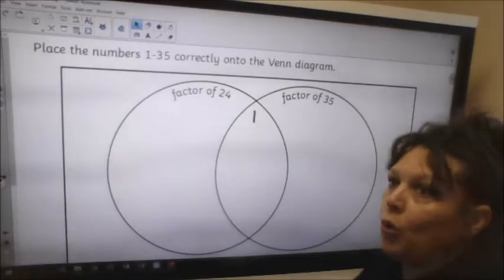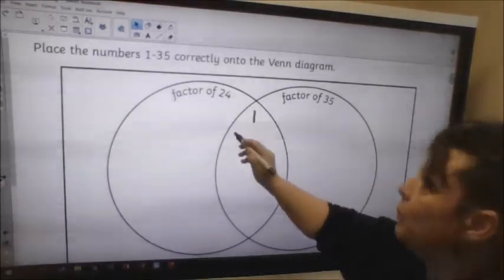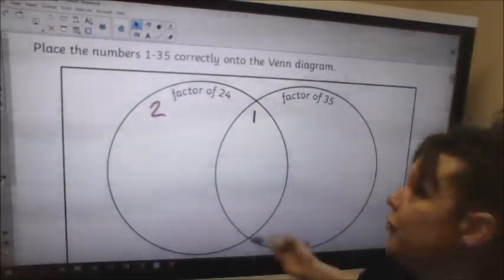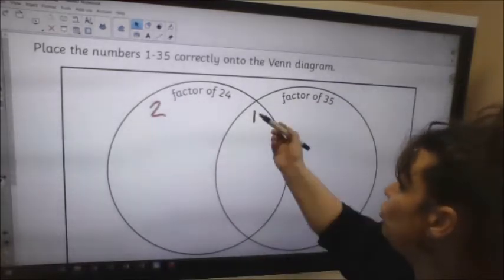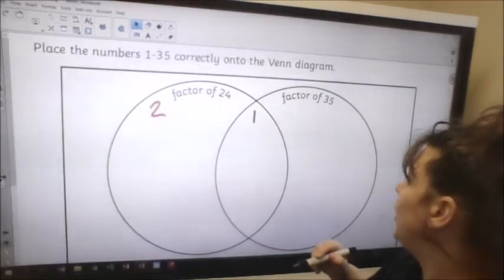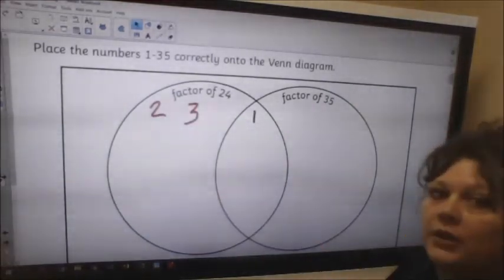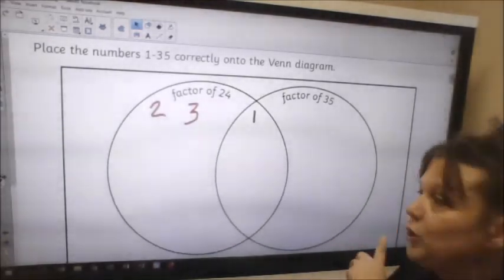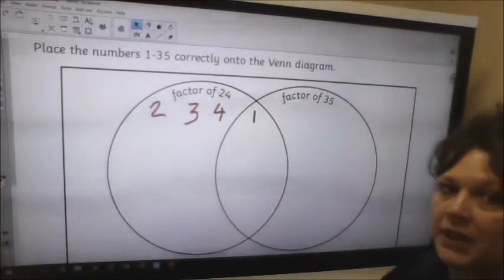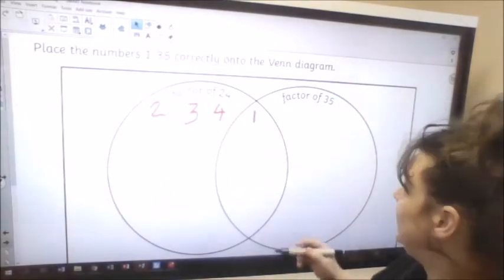2. Well, 2 is an even number. It won't go into 35, but it'll go into 24. Okay, 3. 3 will go into 24, but it won't go into 35. So 3 goes there. 4, that will go into 24, but not into 35. 5, that is a factor of 35 because 5 times 7 is 35.